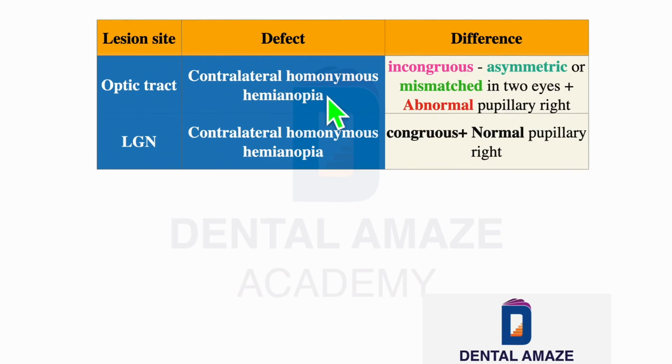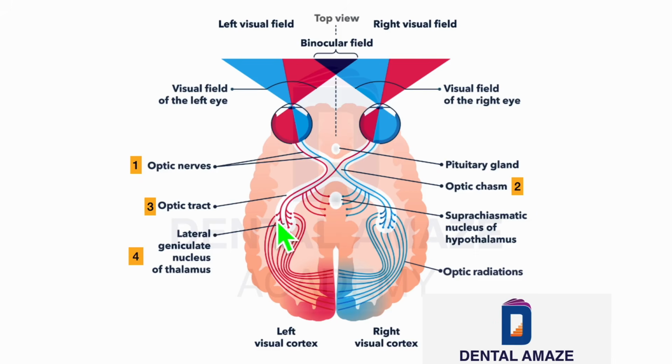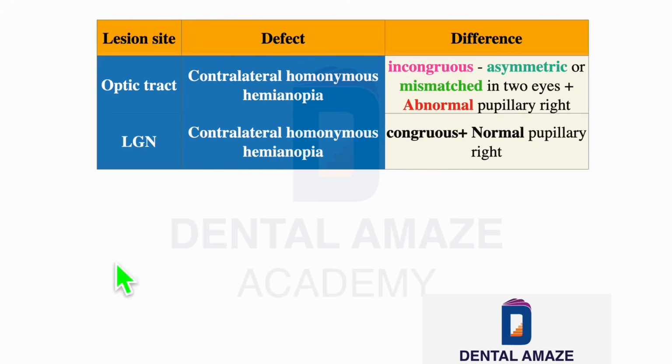Because by the time it reaches your optic tract, the processing has not yet occurred and it is not synchronized or symmetric. Whereas when you reach the lateral geniculate nucleus, the processing is much better and it becomes symmetric here. So that's the difference.